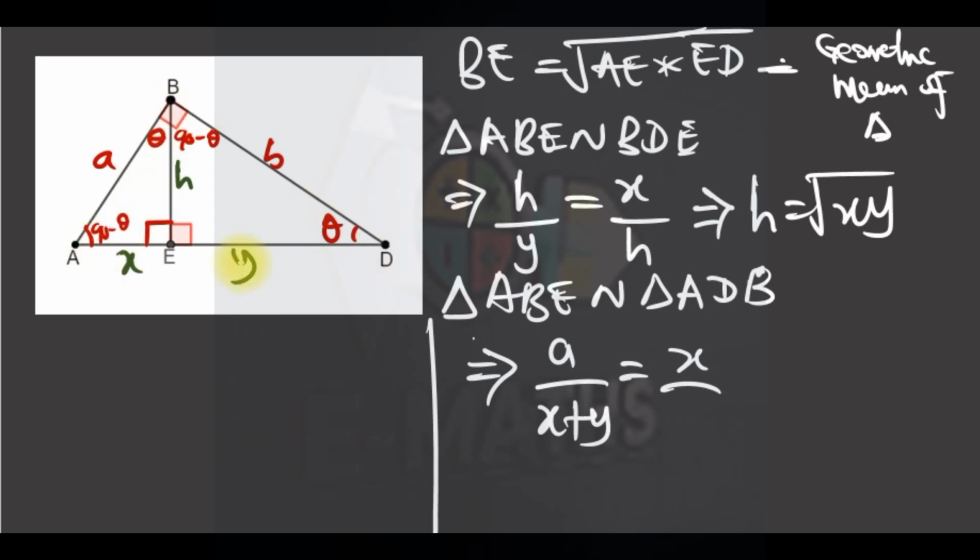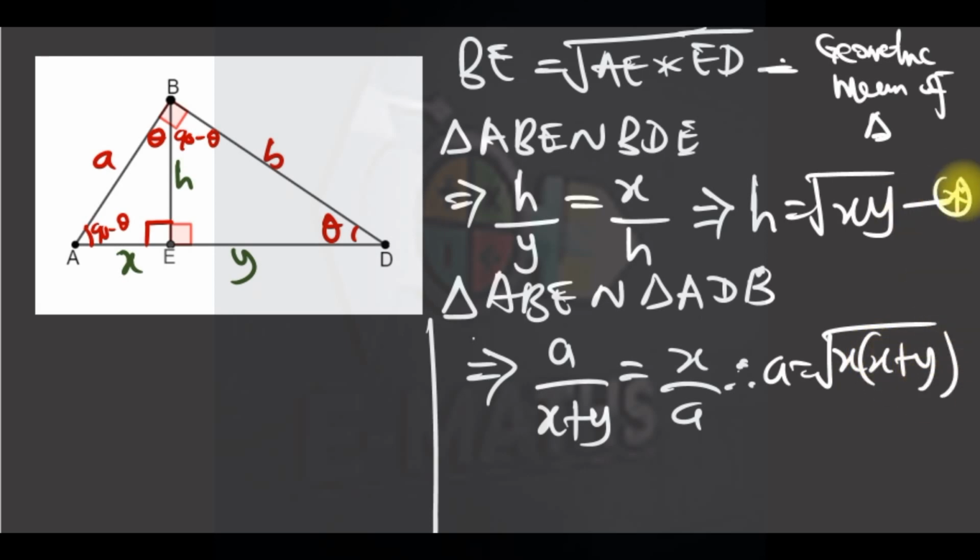Which one is opposite theta in the big triangle? A. Therefore, A is the square root of X times X plus Y. So that's the second. This is the first geometric mean, and this is the second geometric mean.